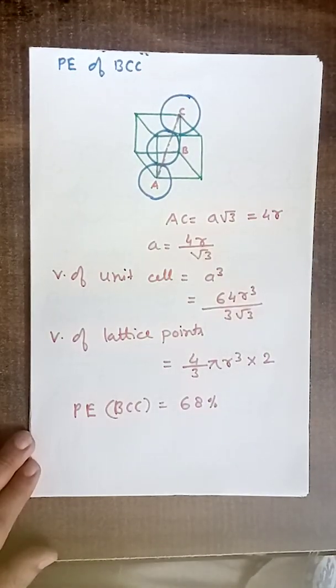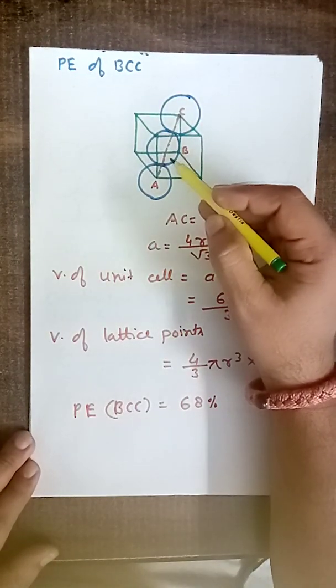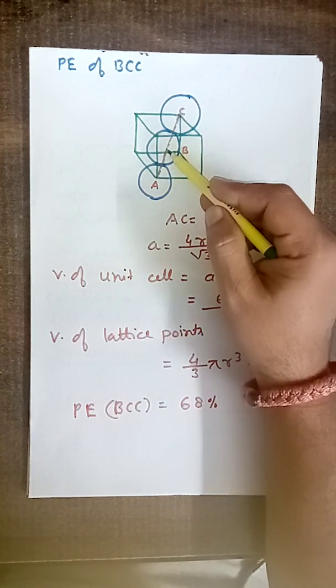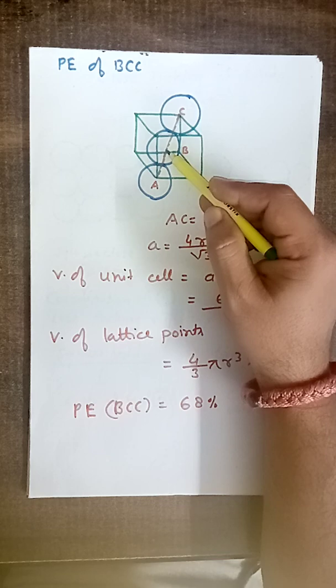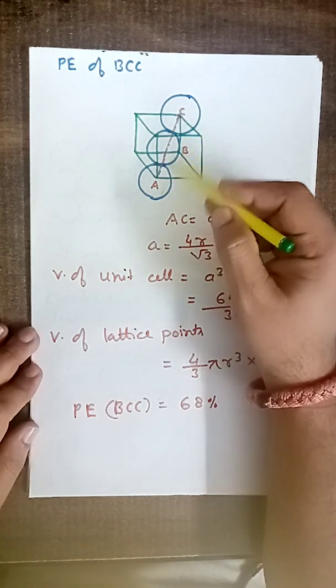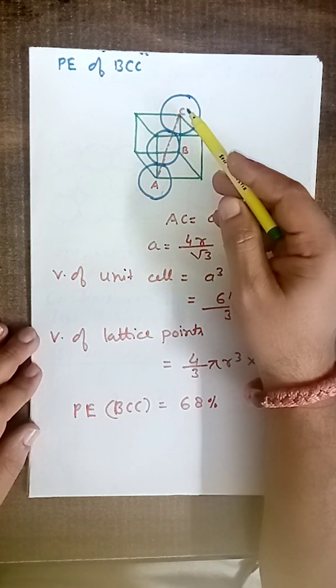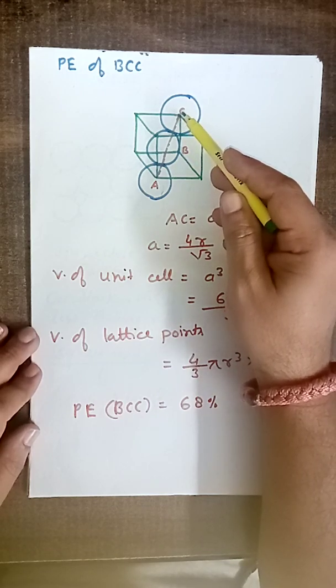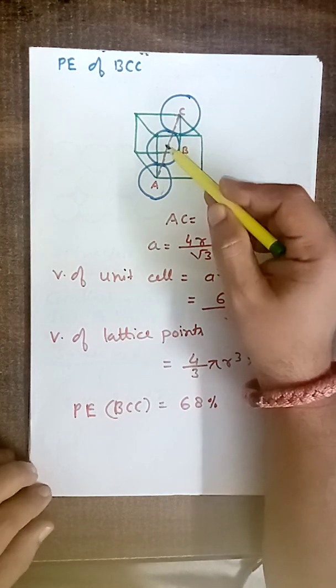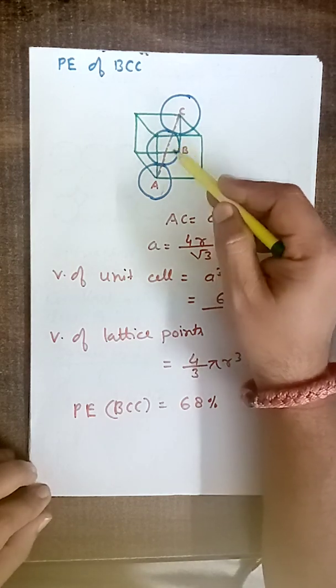Next is packing efficiency in case of BCC. You know that in BCC particles are placed at corners and one particle is placed at the center of the unit cell. Once again, here particles placed at corners are not in contact with each other, but all the particles placed at corners are in contact with the particle placed at the center of the unit cell.